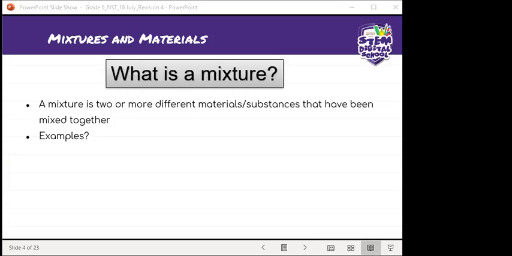Okay, I see Kamohelo in the group says raisins and peanuts. Kia says salt and water, which gives us salt water. Right, so those are examples of mixtures. Let us see what we have on the slides.